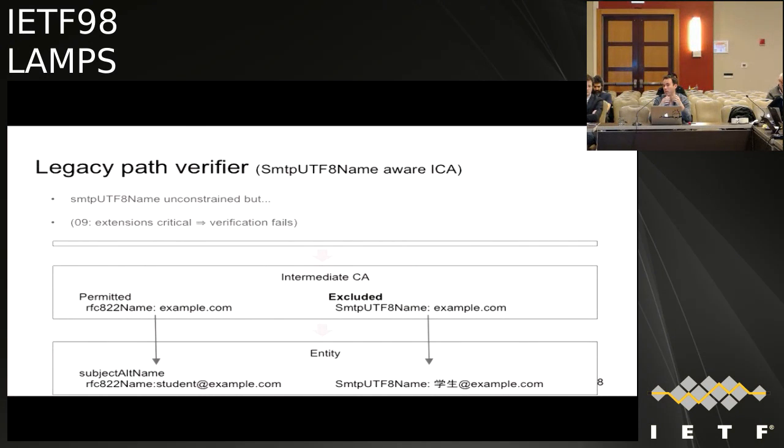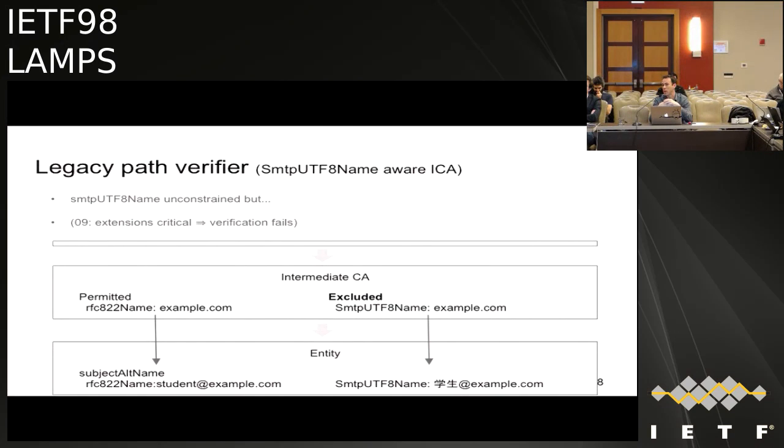Conversely, applications that are not using SMTP UTF-8 names don't really care whether it's there or not, and therefore don't really care about the name constraints. It confounds the problem of separating the certificate validation stack from the application part, but it gets the same security result, if that makes sense.